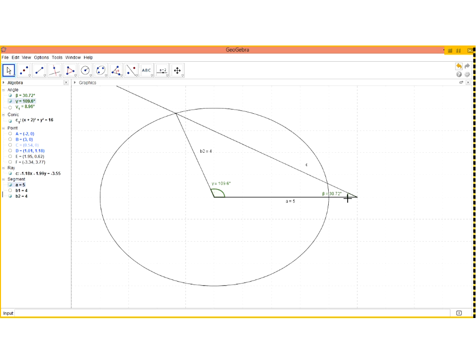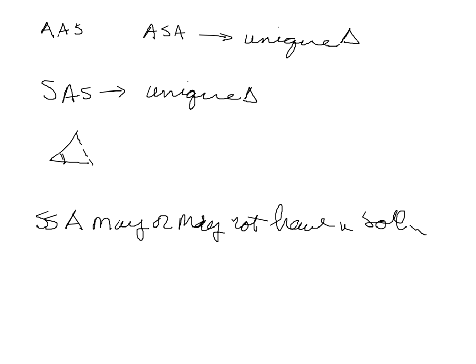A was fixed, this angle beta was fixed, and B was fixed. But I didn't have enough information about the side C or the angle in between A and B. So I could come up with two triangles that satisfied the given information. That can happen when you have this side-side-angle setup.